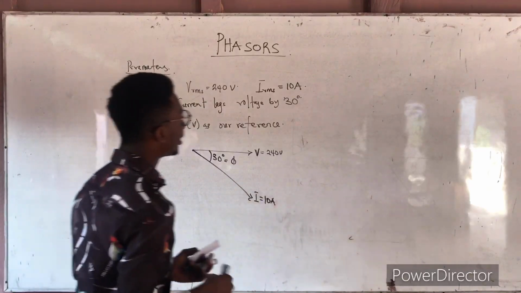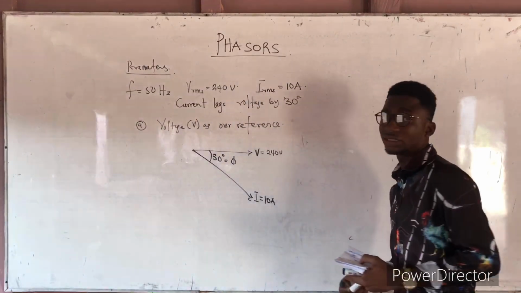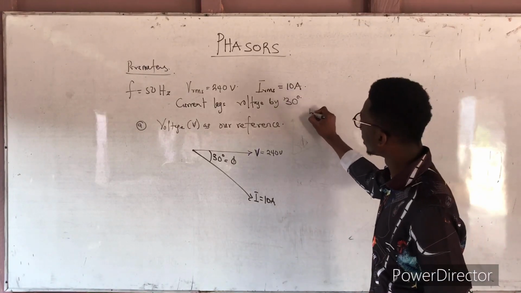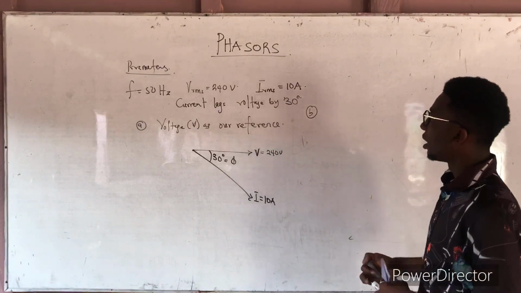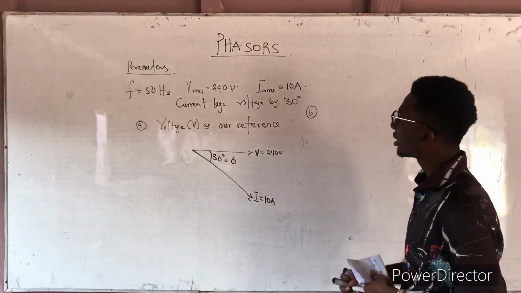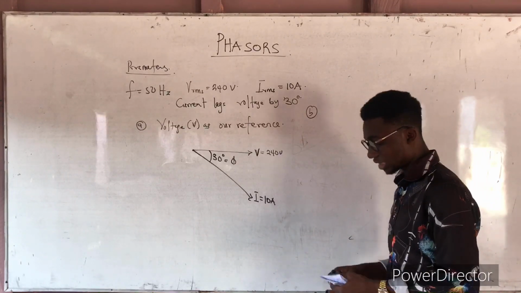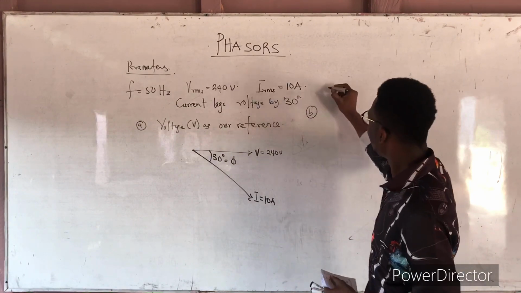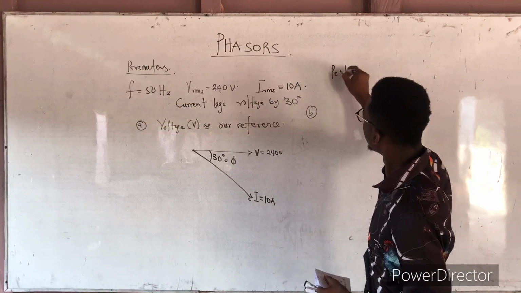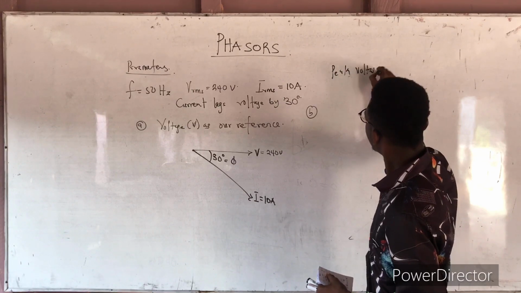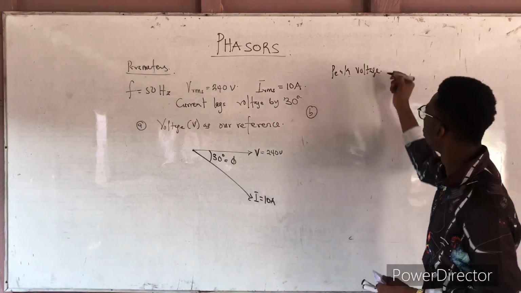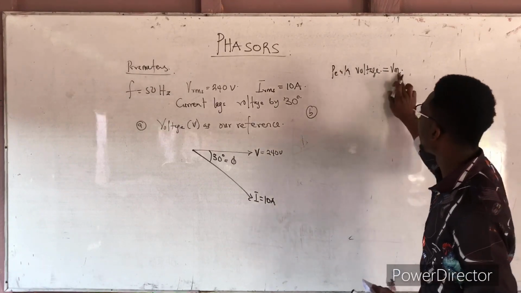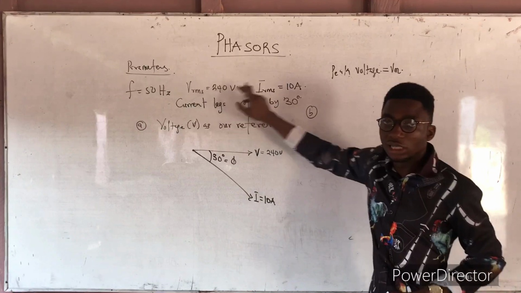Now the second question says that we express the voltage and the current as a function of time. Now, how do we do that? Let's start with the voltage. We need our peak voltage. So let's say our peak voltage is equal to Vm. Then what's the relation between RMS voltage and peak voltage?